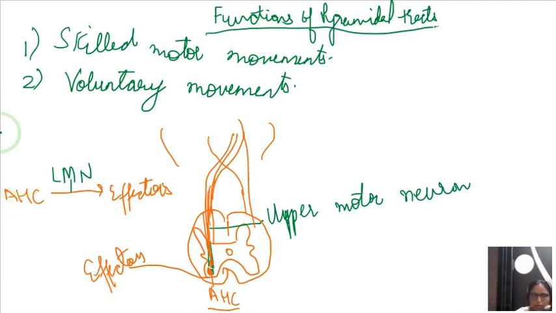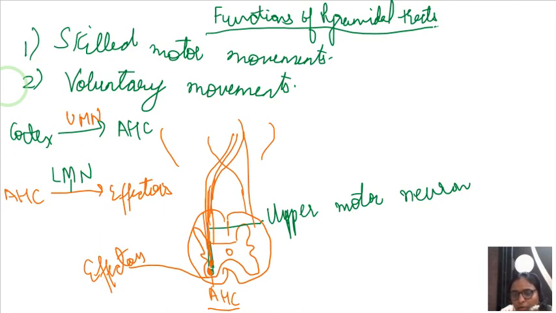Fine. And the neurons which are originating from your cortex to the anterior horn cell, you know now what the anterior horn cell is, right? These are called your upper motor neurons. It is very important to learn and understand this, because we have the concept of the upper motor neuron lesion and the lower motor neuron lesion, right? The patient presents with different symptoms depending on whether they have an upper motor neuron or a lower motor neuron lesion.